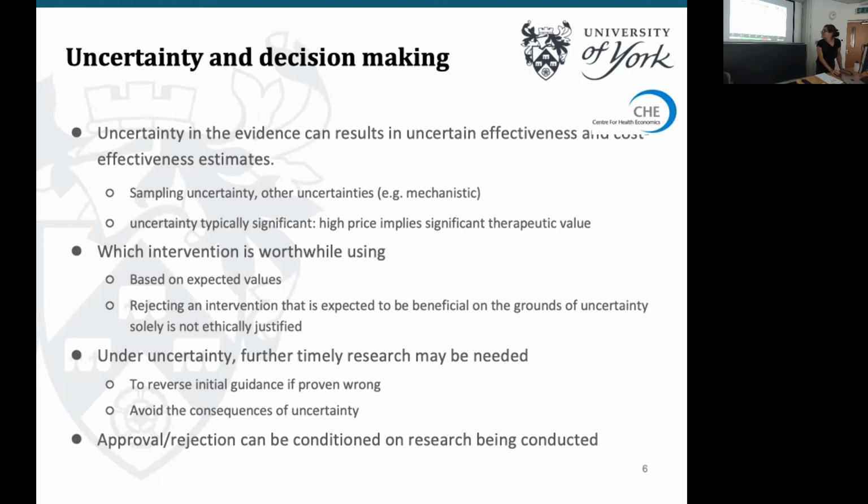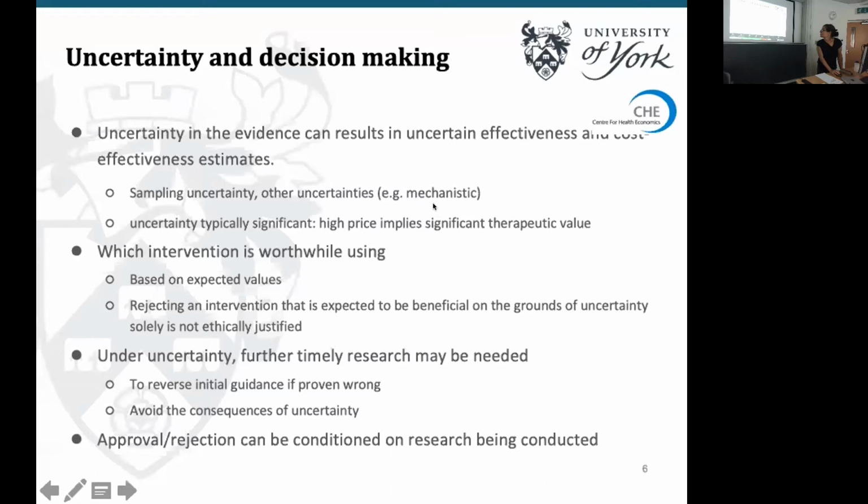And what that means is that typically, if you think about drugs, these typically have a higher price, which implies a higher value. So the magnitude of the treatment effect is actually important, not just that there is a treatment effect, it's about the magnitude of it.